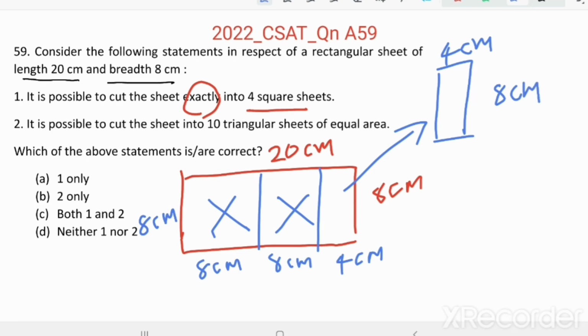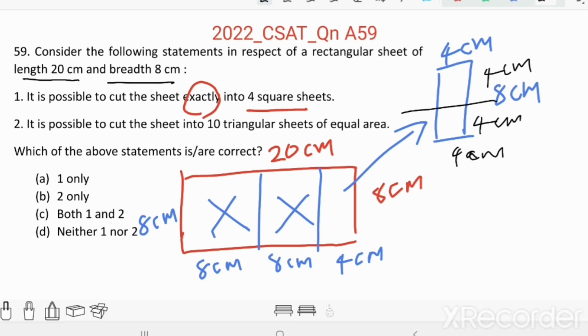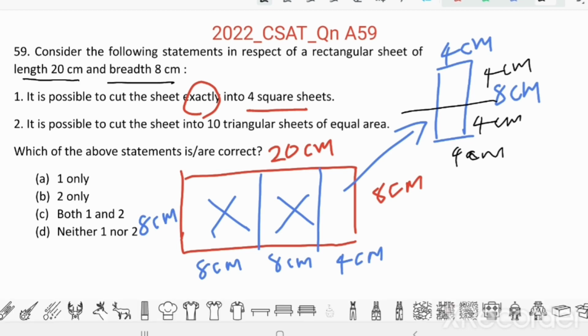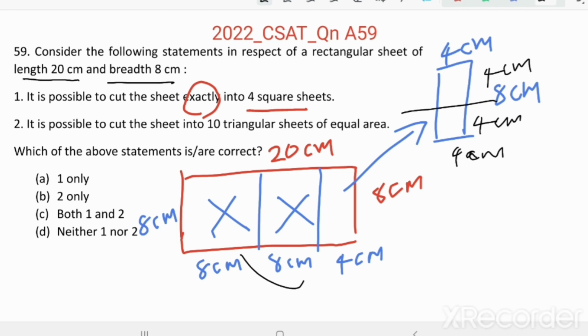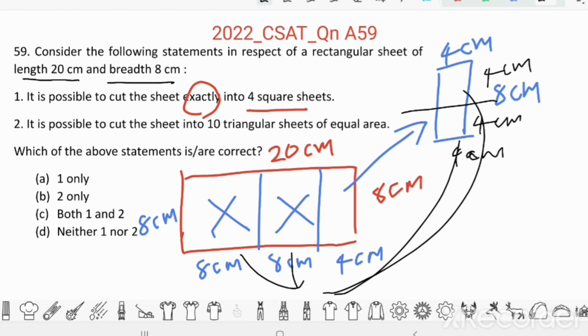Then we can cut this into 2 square sheets of 4 cm. Here we got 2 more square sheets. So it is possible to cut the sheet exactly into 4 square sheets from this 20 by 8 rectangular sheet. So statement 1 is true.